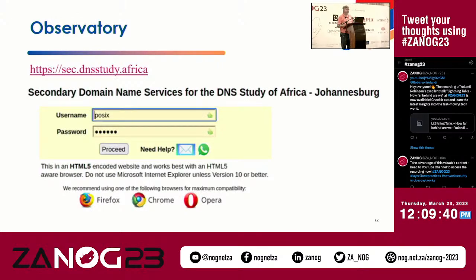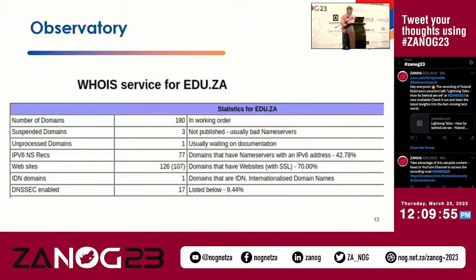What is also new about this particular study is we're going to be setting up, hopefully, the observatory. So we're going to be collecting data from an observatory, from ccTLDs in Africa. The reason why, well, one of the things that I run as well is edu.za. So there's some basic stats on edu.za which I collect.